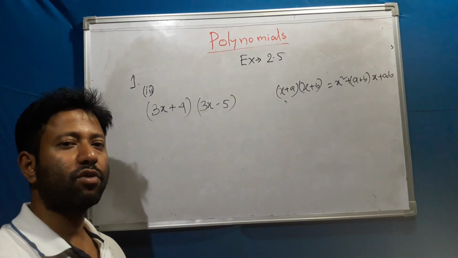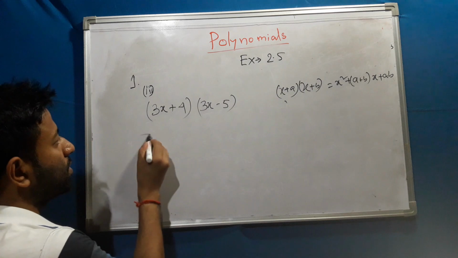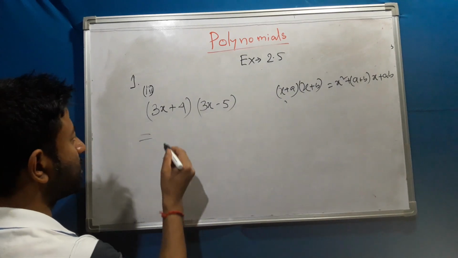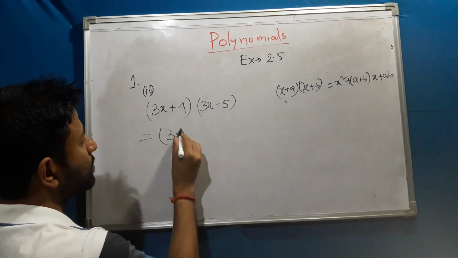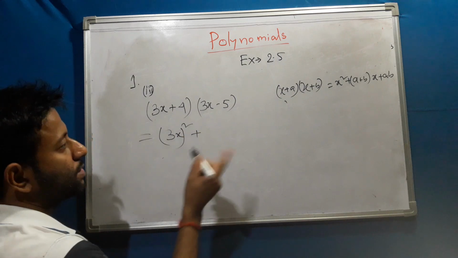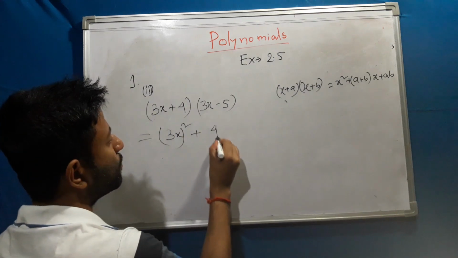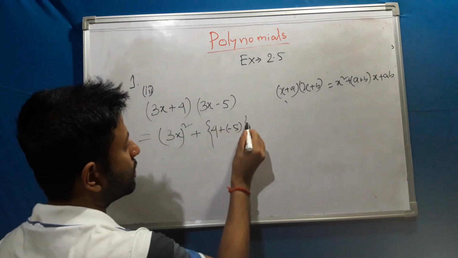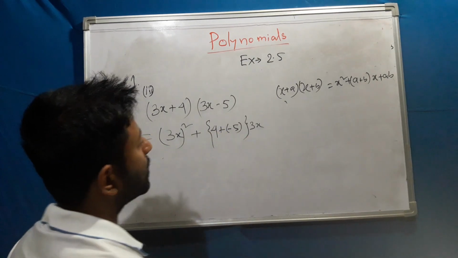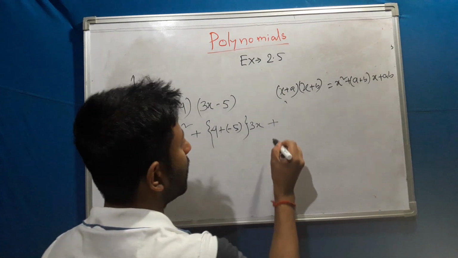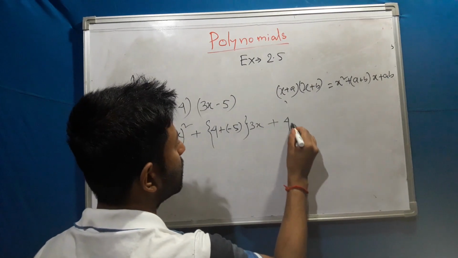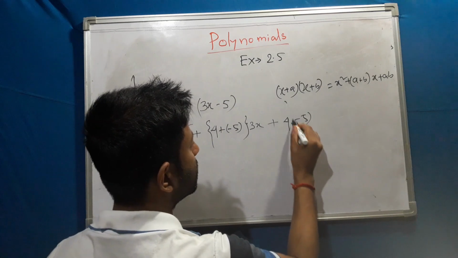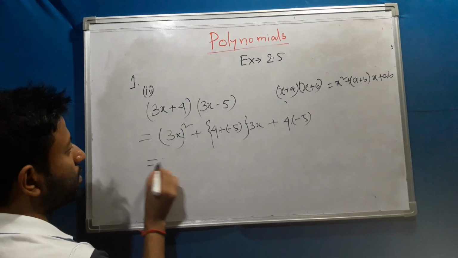Everything else will be the same. So the formula is (3x) square plus (a plus b) into 3x plus ab, where a means 4 and b means minus 5.